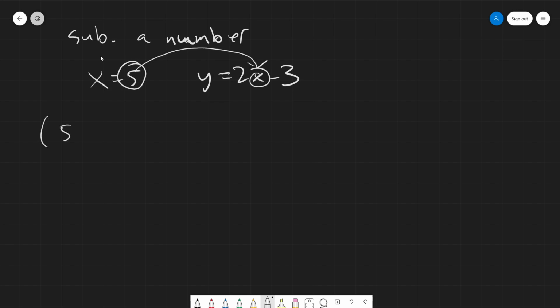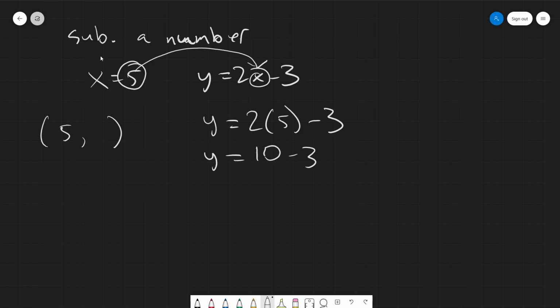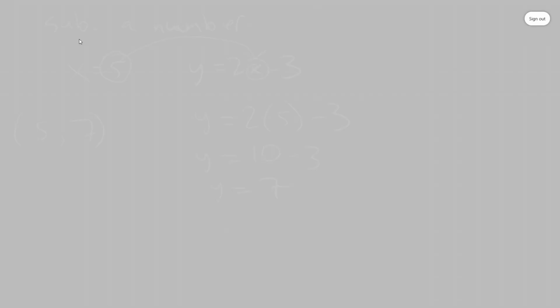So I know I have half of the answer already, but now I'm going to find that second half by multiplying out and subtracting the 3. So this is the basic level, where you're just substituting a number. And then I get my answer is the point (5, 7).